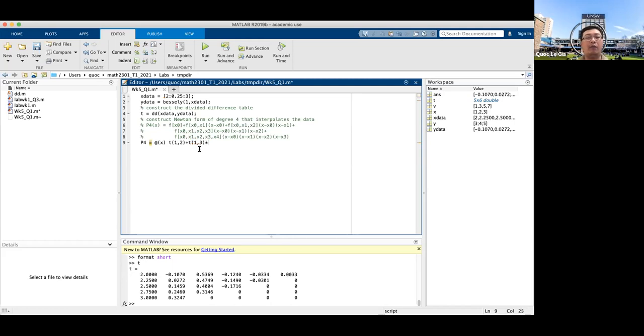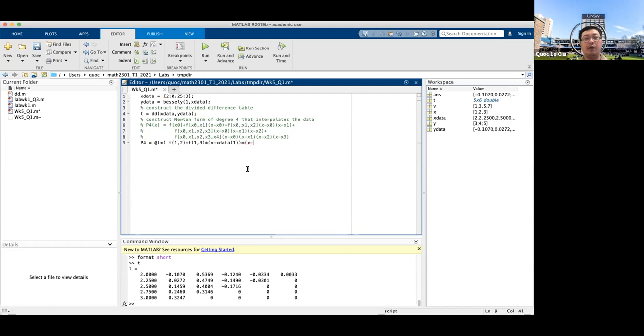And now I have to multiply with x minus x0. So what is my x0? x0 is just the first data point. Because MATLAB doesn't allow you to have a 0 index, you have to start at 1. So this is just the first point of my x data.